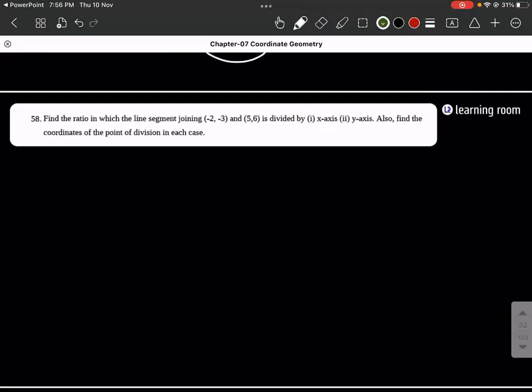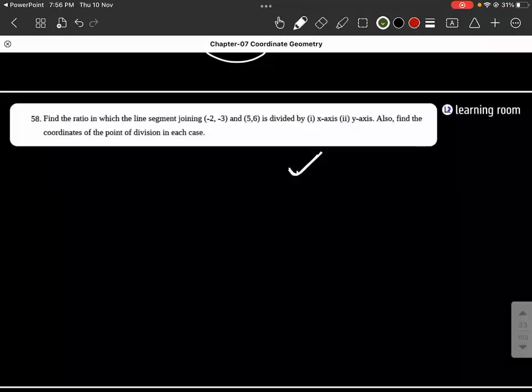So we'll do one last problem based on this concept, and then we'll move to the probability concepts. Find the ratio in which the line segment joining (-2, -3) and (5, 6) is divided by the x-axis and y-axis.